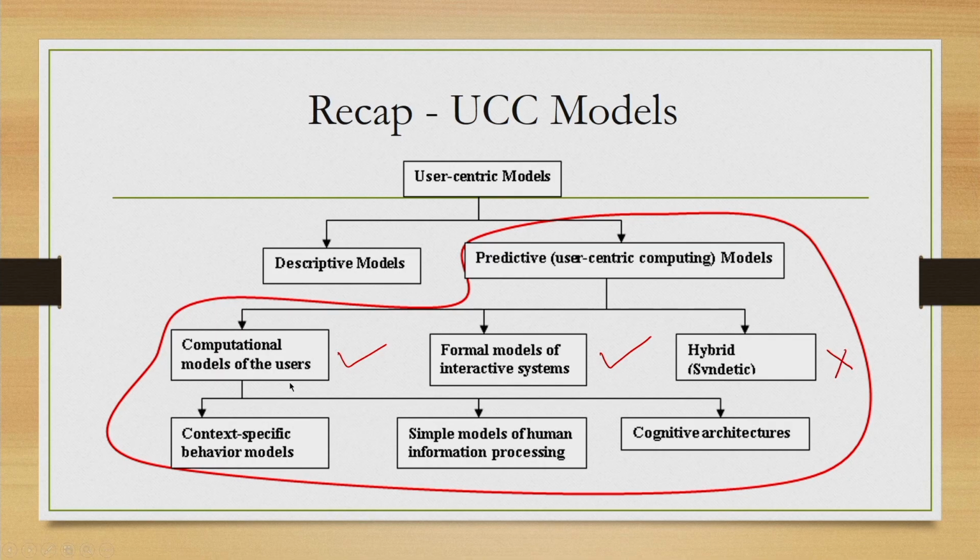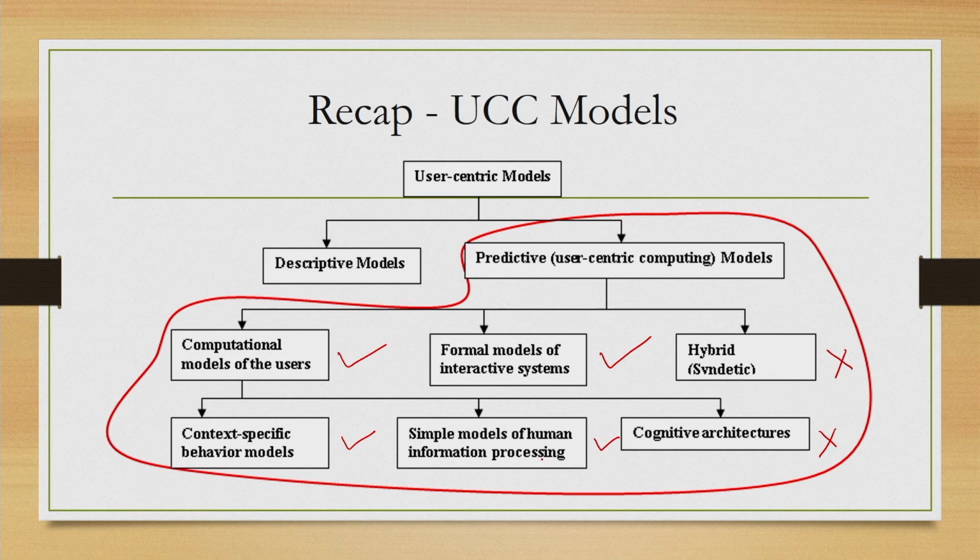Under computational user models, we mentioned that we are going to discuss context specific behavioral models and simple models of human information processing, and we are not going to discuss cognitive architectures. So far we have discussed these two categories: context specific behavior models, namely the Fitts law and the Hick-Hyman law, and then simple models of human information processing, namely the KLM and the GOMS family of models.